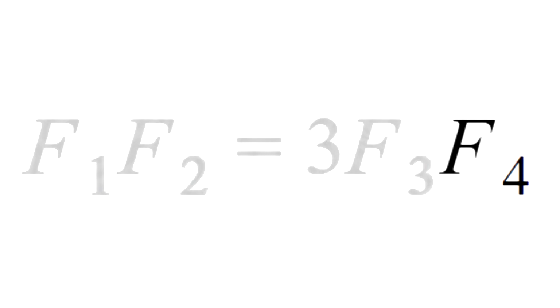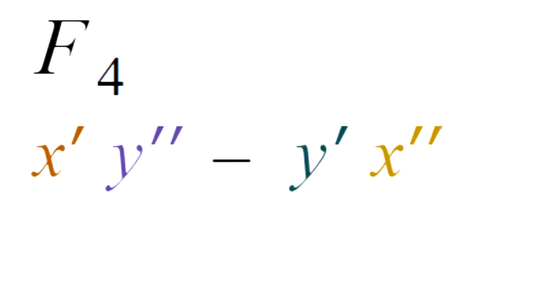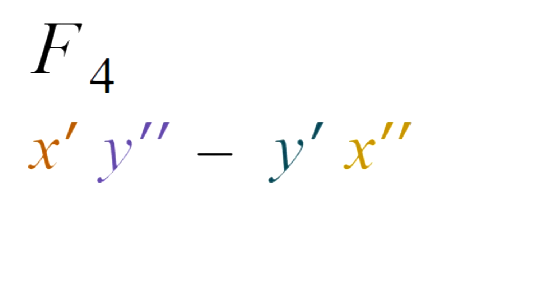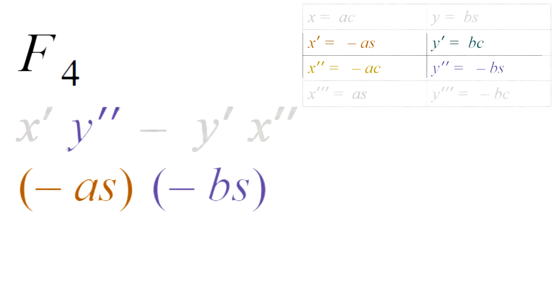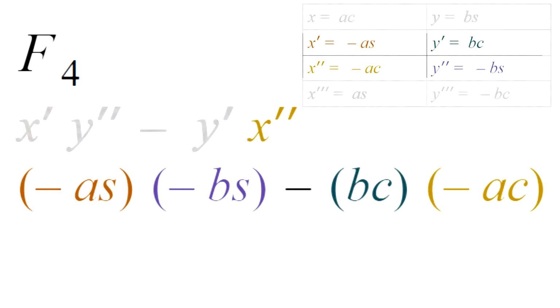So let's move on to f4, where f4 is the expression x prime y double prime minus y prime x double prime. Like before, we plug in the primes, where x prime becomes negative as, y double prime becomes negative bs, y prime becomes bc, and x double prime becomes negative ac.